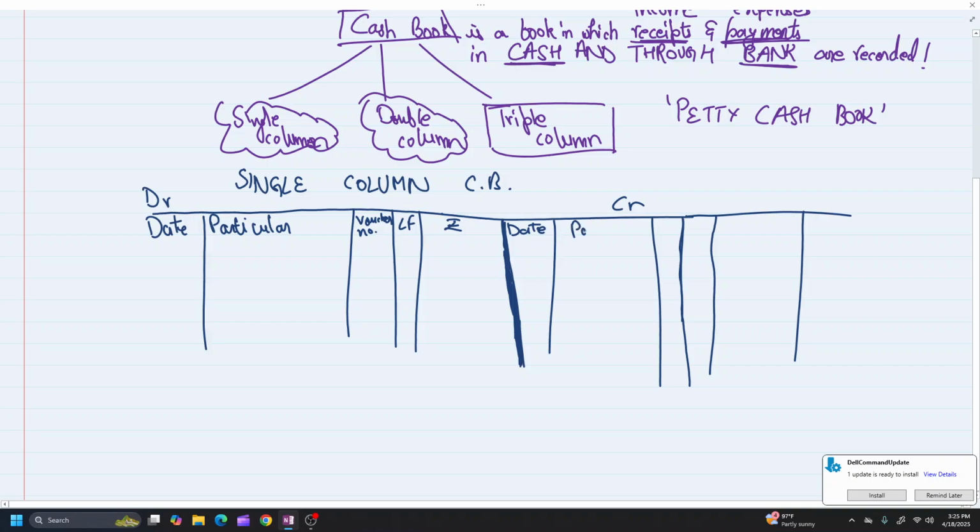Date, particulars, voucher number, LF, amount. Now, in date obviously you'll write the date, and in particulars, since this is the debit side, you'll write receipts.